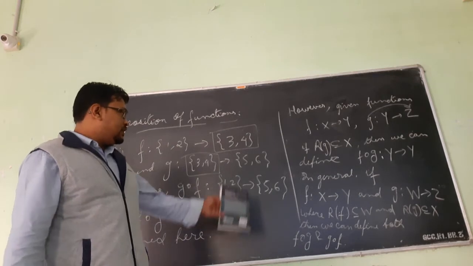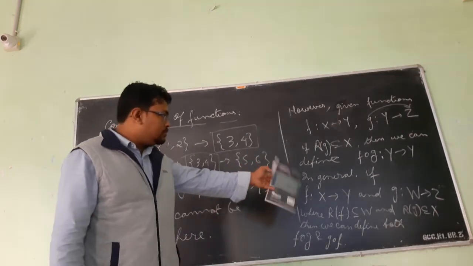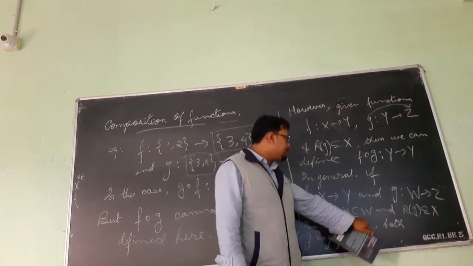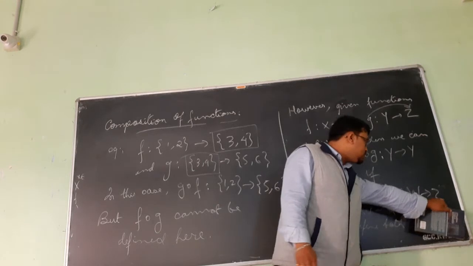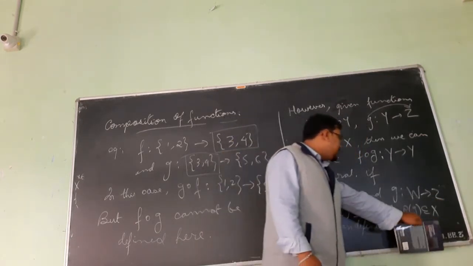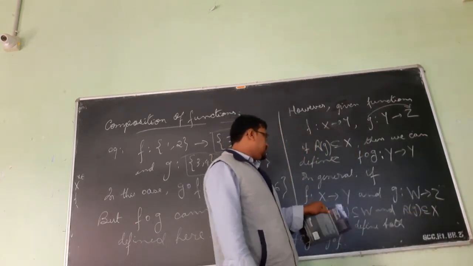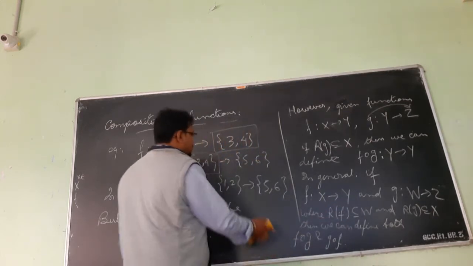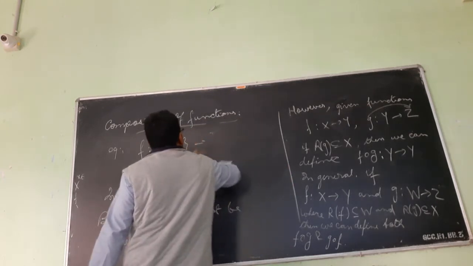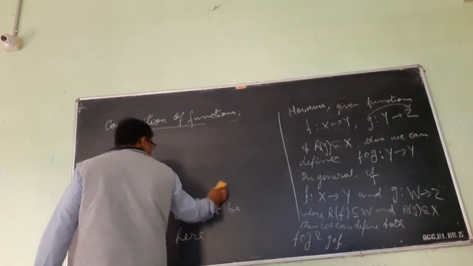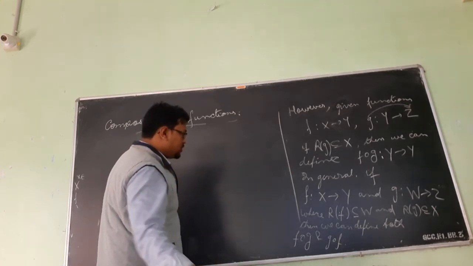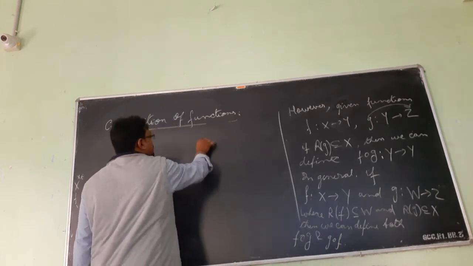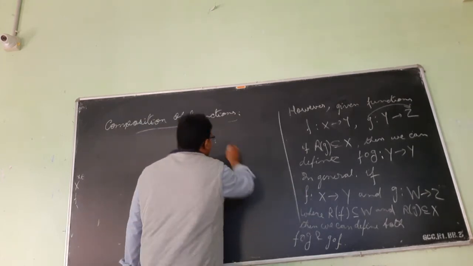If f is a function from x to y and g is a function from w to z, where the range of f is a subset of w, and the range of g is a subset of x, then we can define both f∘g and g∘f. So what will g∘f be?